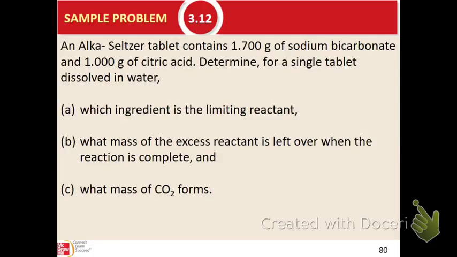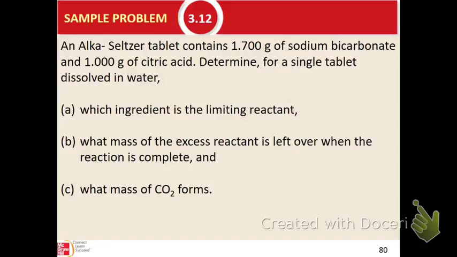Part C is asking how much product you can make. I'm going to focus on part C now: how much carbon dioxide forms? What's going to determine how much carbon dioxide forms? The citric acid. The citric acid is what determines how much carbon dioxide forms. So you're going to do this exact same process again, but you have two numbers in the given: 1.700 grams of baking soda and 1.00 grams of citric acid.